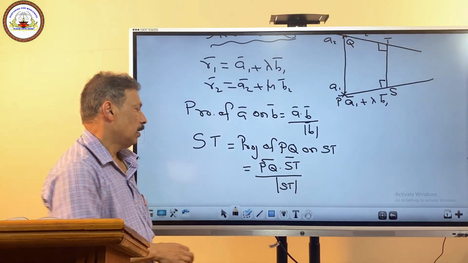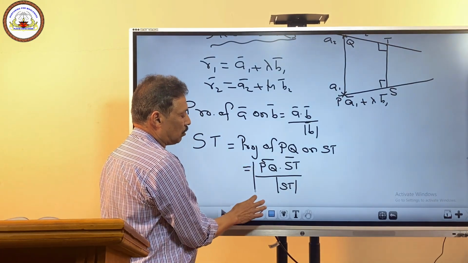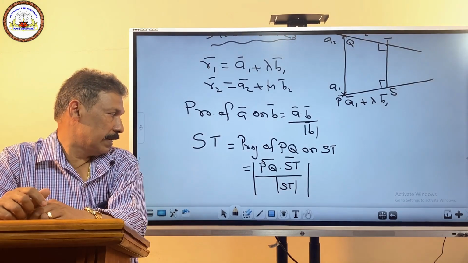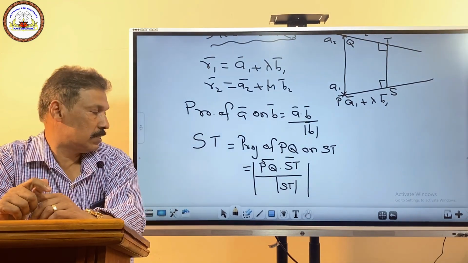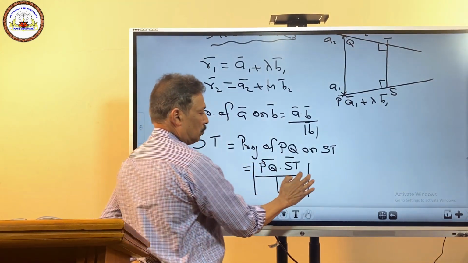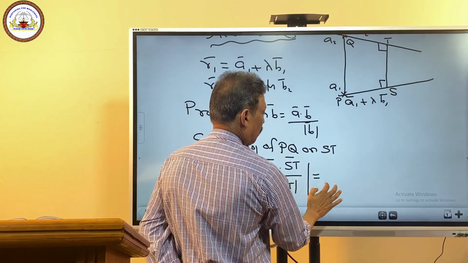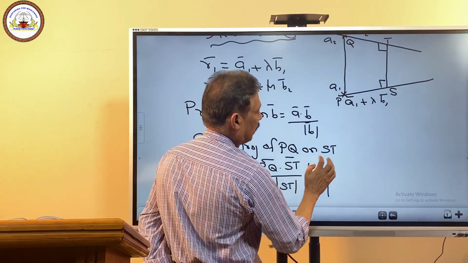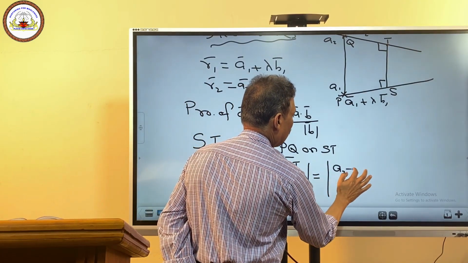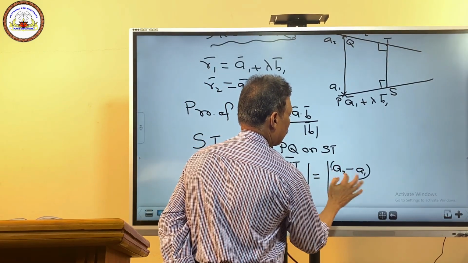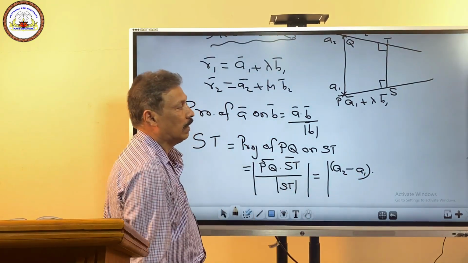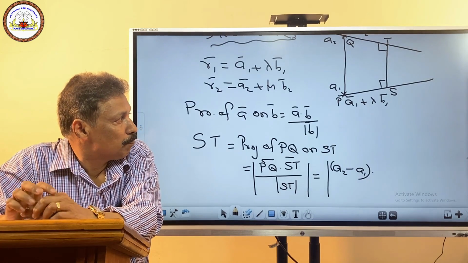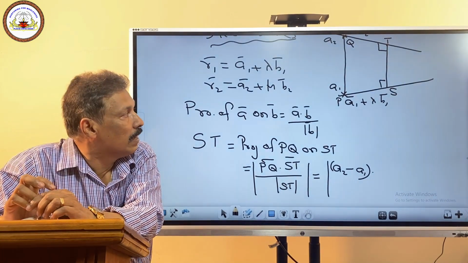The numerical value of the projection is modulus of PQ dot ST divided by mod ST. Simply, PQ is OQ minus OP, that is equal to A2 bar minus A1 bar, dot ST. ST is a new vector which is perpendicular to both the given lines.